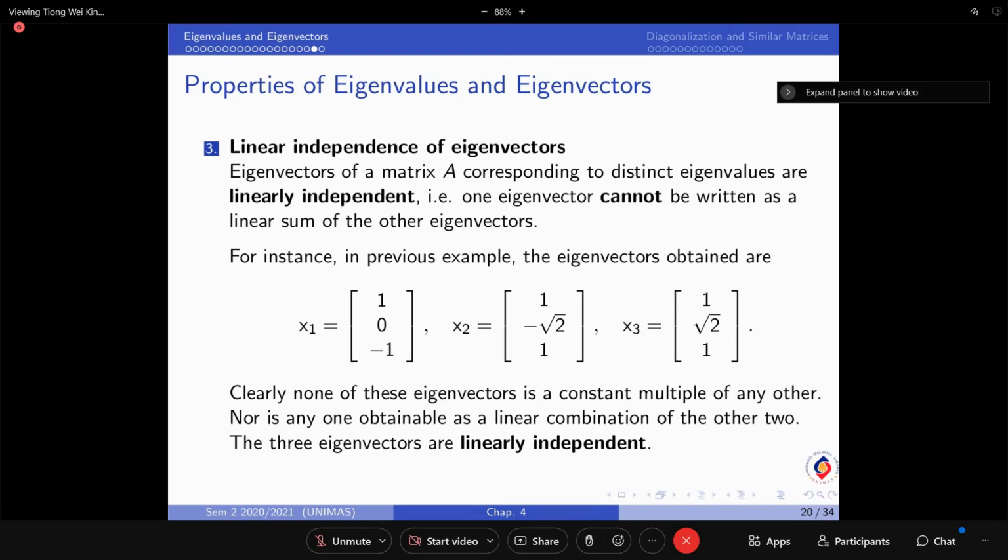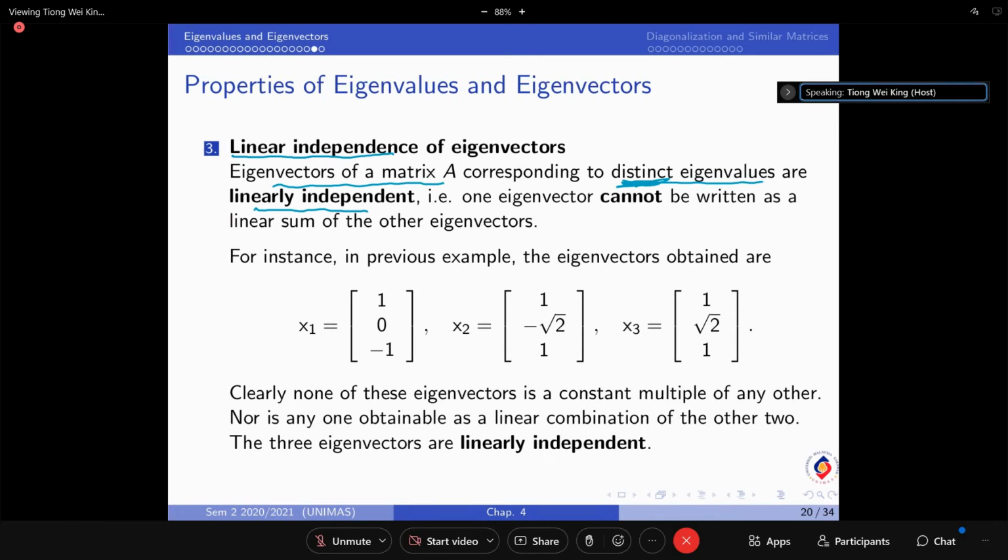Now the third one is the linear independence of eigenvectors. I think this is a new concept for you. What does it mean by linear independent? Eigenvectors of a matrix A corresponding to distinct eigenvalues, distinct means different, are linearly independent.